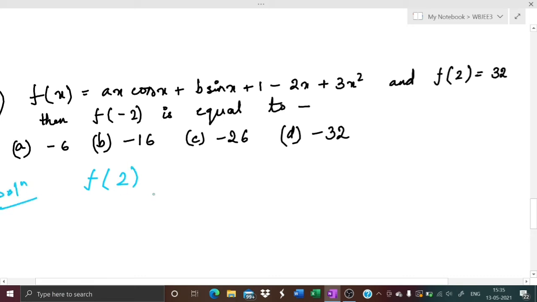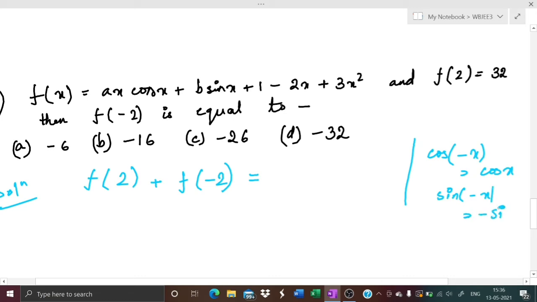I will take f of 2 plus f of minus 2. Now cos, if you know trigonometry, and you should know because this is a crash course and you have learned, you know that cos of minus x is cos x, so cos is an even function, but sine of minus x is minus sine x, so sine is an odd function.